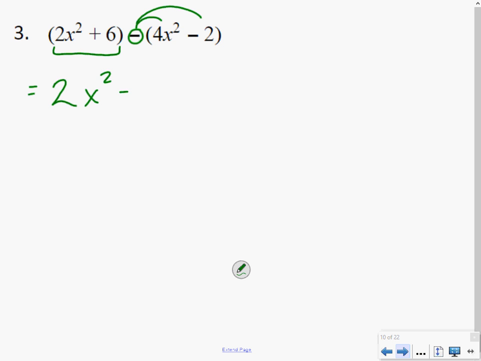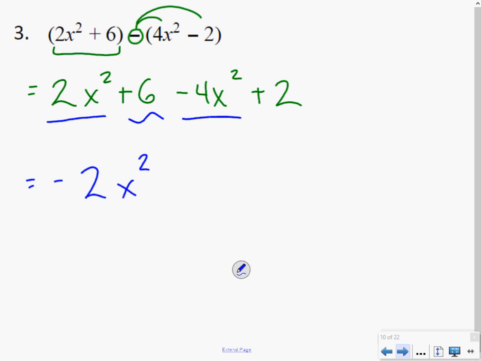Only what comes after the minus sign will have the minus sign distributed to it. So we would distribute the negative to the 4x squared. We would distribute it to the negative 2. And now it becomes just like our previous problems. I can combine my like terms, and we'll be done.